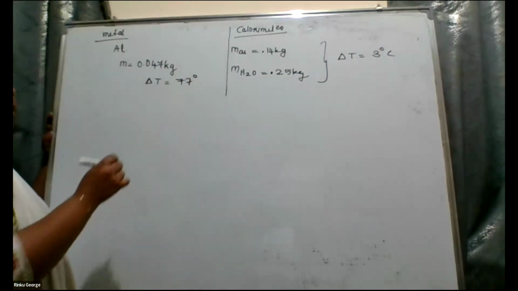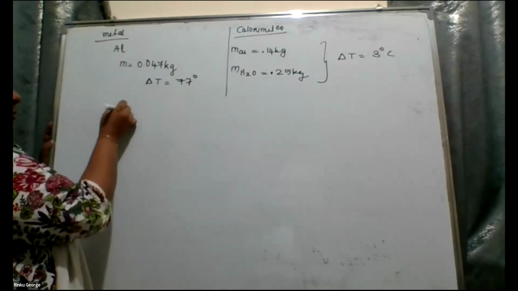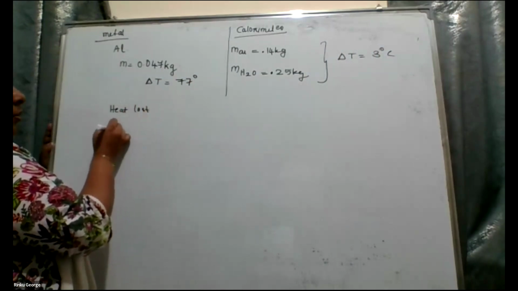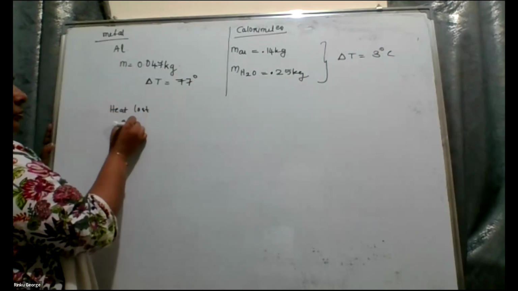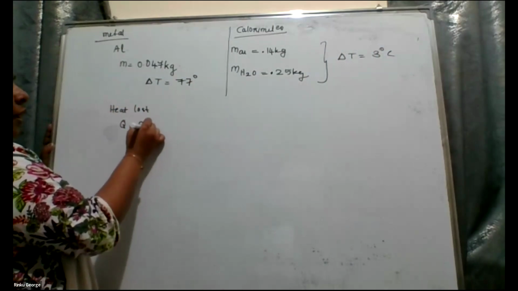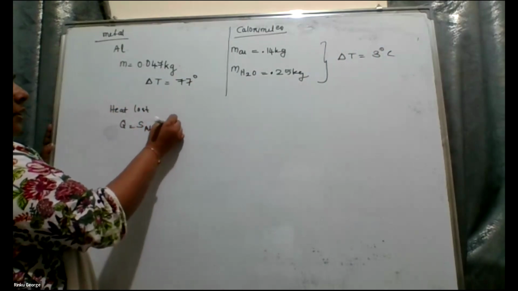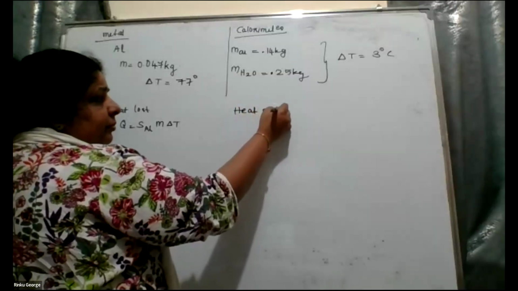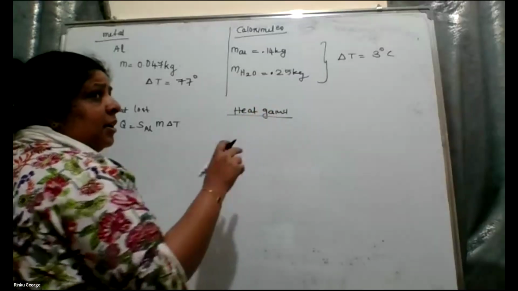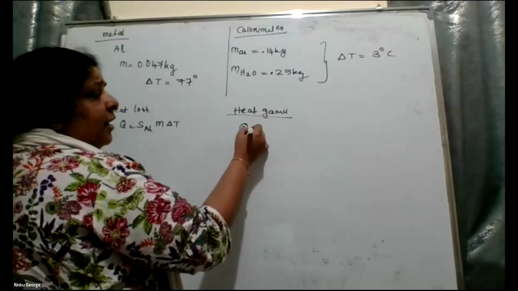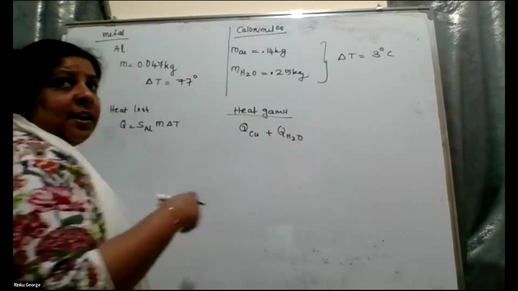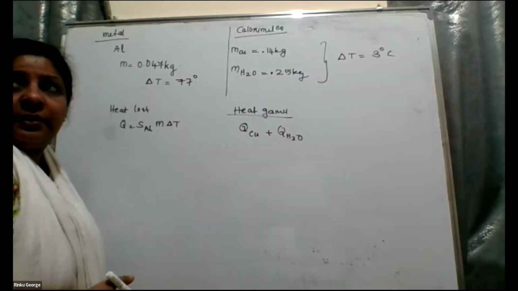Clear? So heat loss Q will be equal to specific heat of aluminium times M delta T. For heat gain, you will write the heat gained by copper plus heat gained by water, because the specific heat capacities you have to do separately.